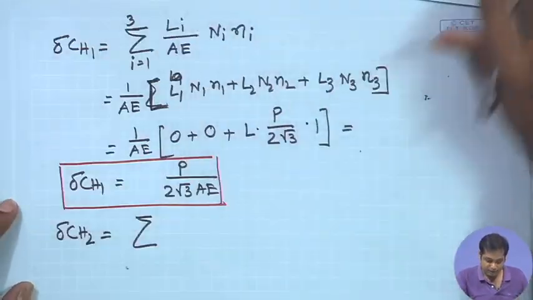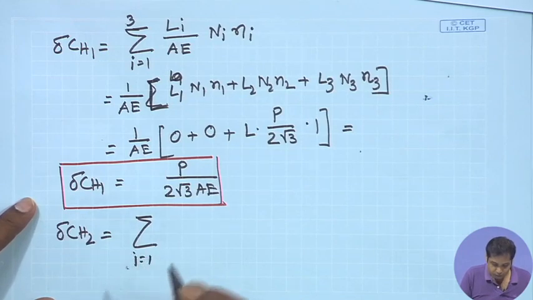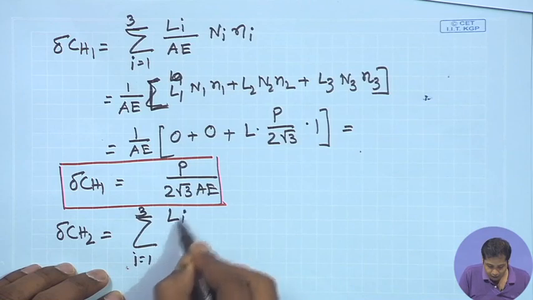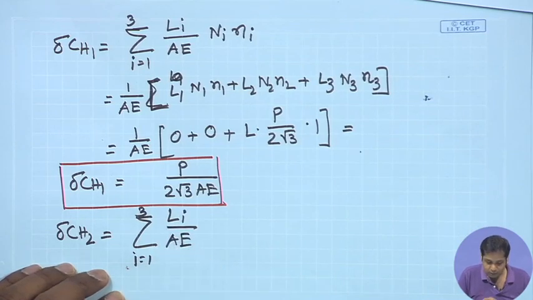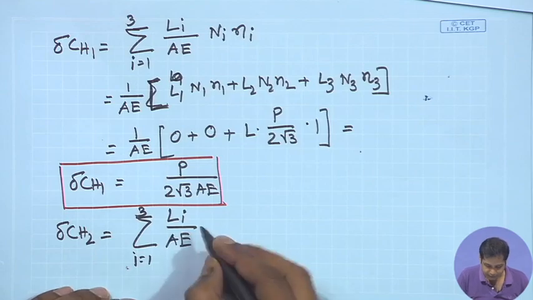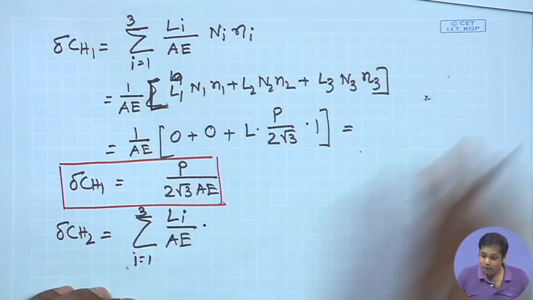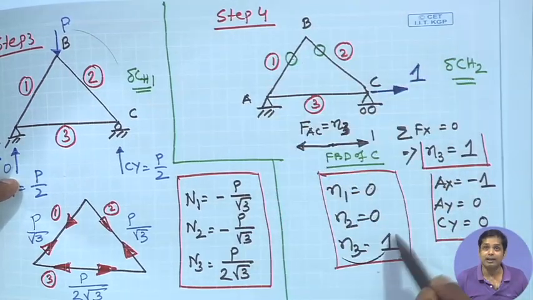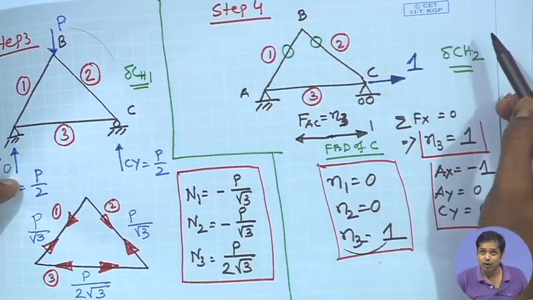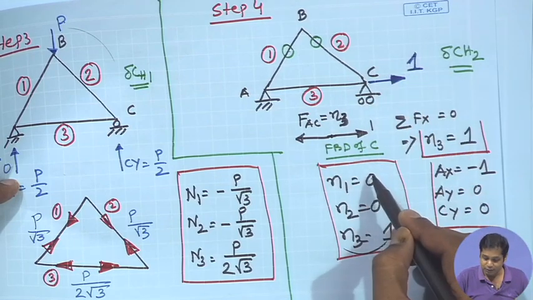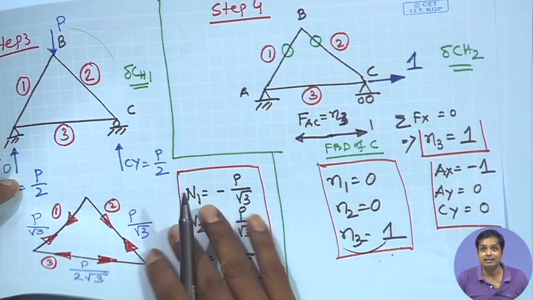So, in this case, again i is equal to 1 to 3, and this is Li by AE, where Li is the length of the different members. Now for the unit load, the dummy load, this is the result, and for the actual load, in this case the actual load will be Cx applied here, the result will be 0, 0 and then Cx.